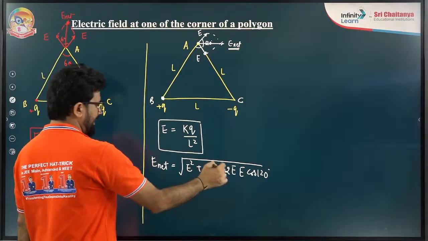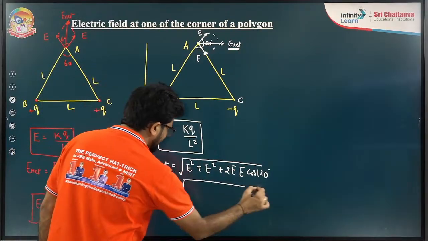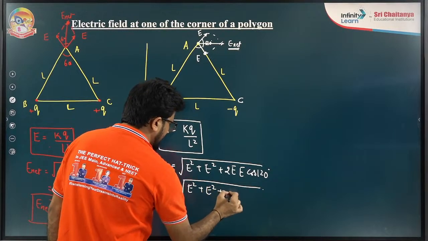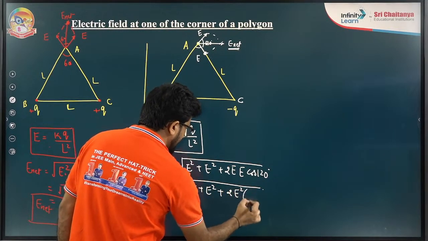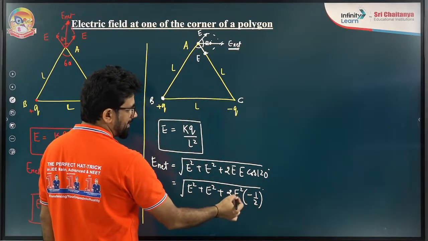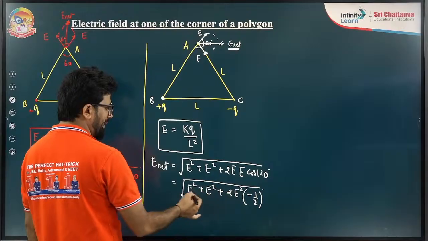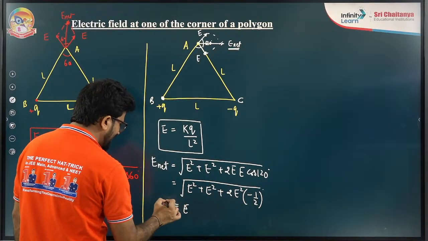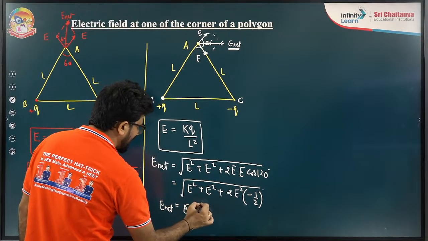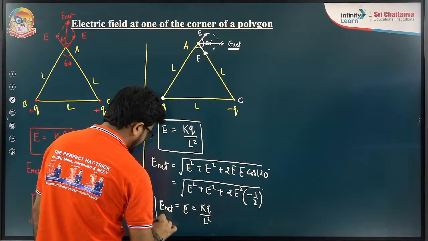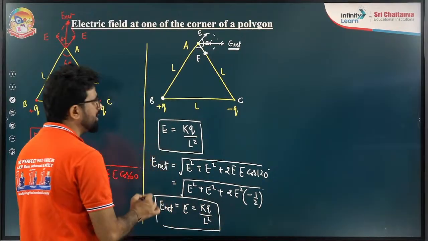So E square plus E square, plus 2E square into minus 1 by 2. The 2 cancels, this becomes minus E square, plus E square, the E square cancels, and E square only remains. That means E net is equal to E, that means KQ by L square.